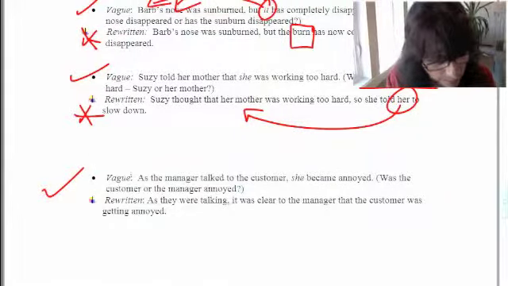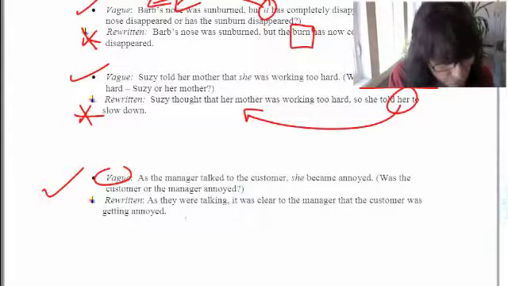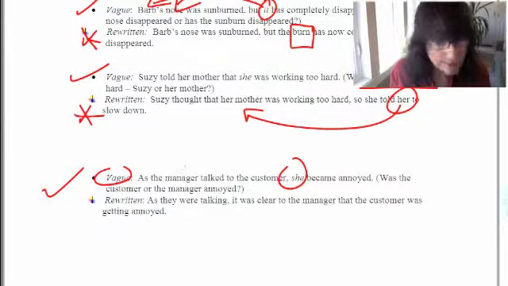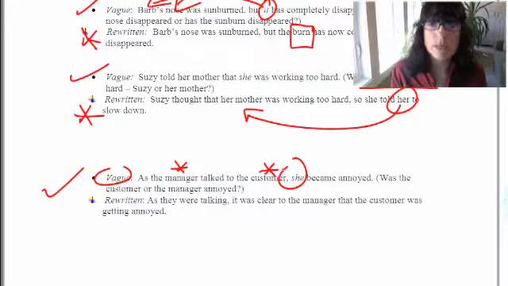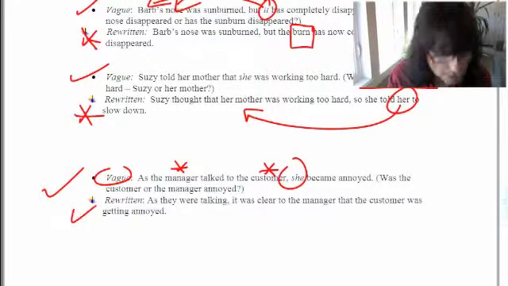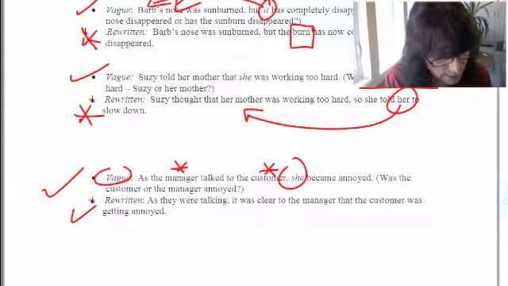And one more example. This first one is very vague. You don't know what the reference point is. As the manager talked to the customer, she became annoyed. Who's becoming annoyed here? Is the manager becoming annoyed, or is it the customer who's becoming annoyed? It isn't clear. So to rewrite it, as they were talking, it was clear to the manager that the customer was getting annoyed.